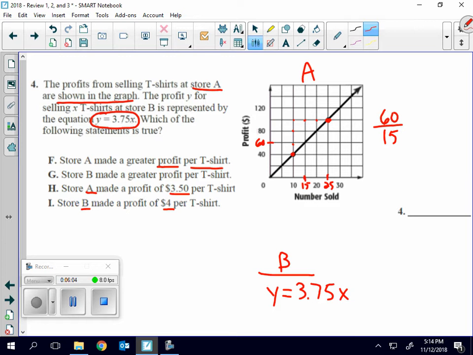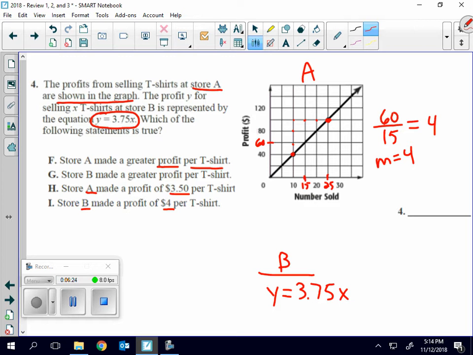All right, we're going to divide that, and we get 4 even. So that's our slope. So the m equals 4. That's not my answer. That's the slope of the graph. That's the profit per t-shirt for store A.